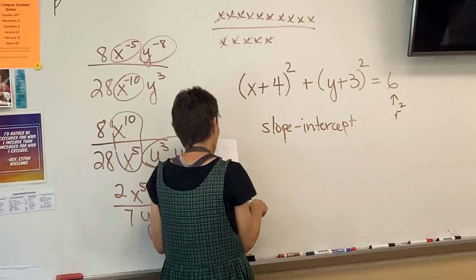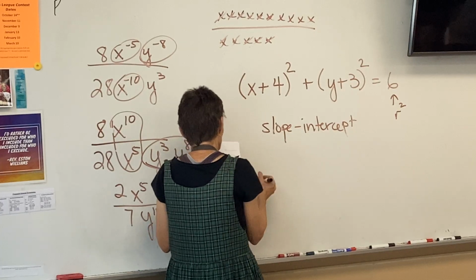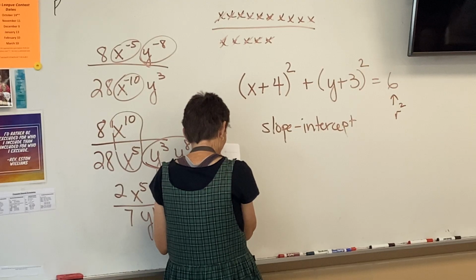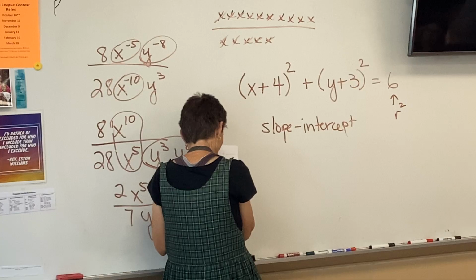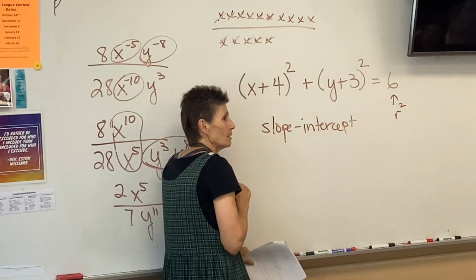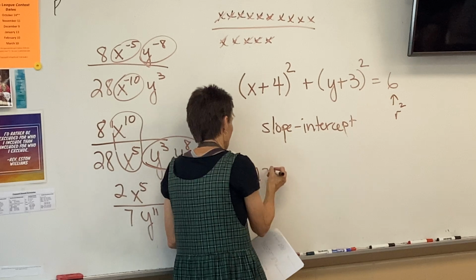Step 1, y minus 3 equals 2x minus or plus 2. First I have to find the slope.